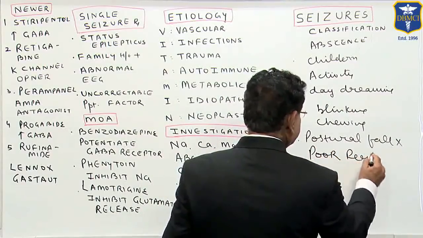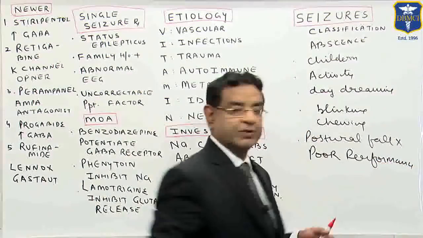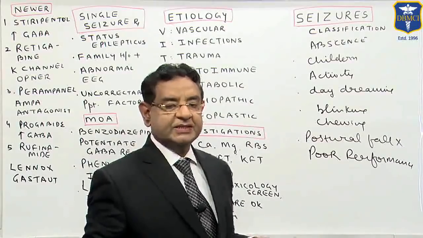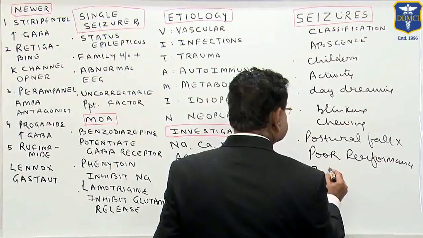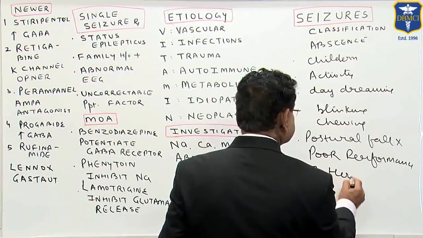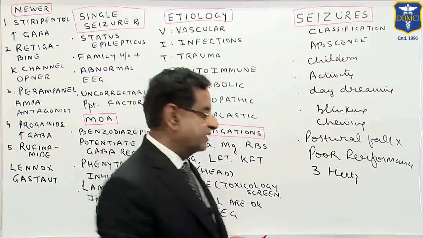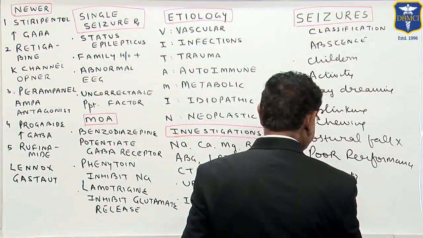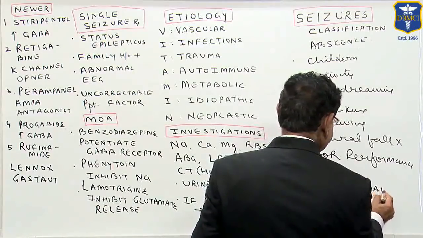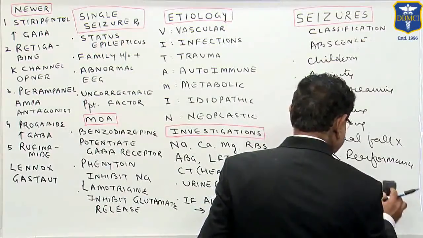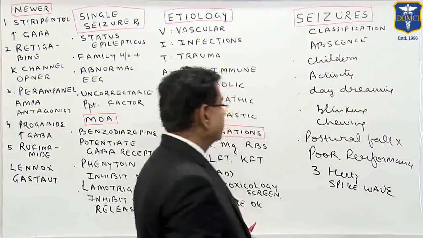And the classical EEG is 3 Hertz spike and wave pattern per second, is the classical EEG that we get in this patient, right?